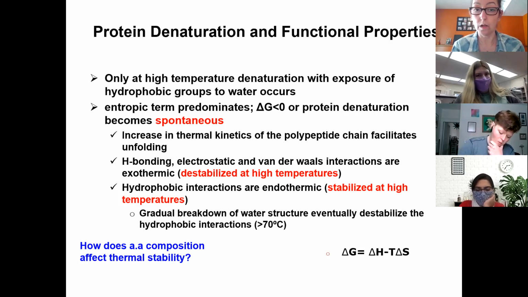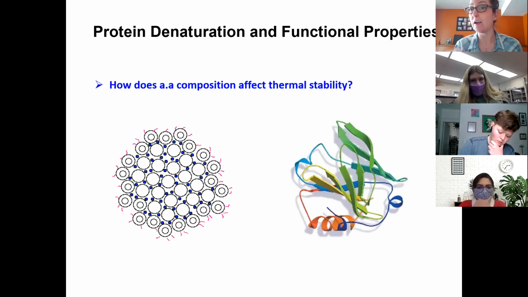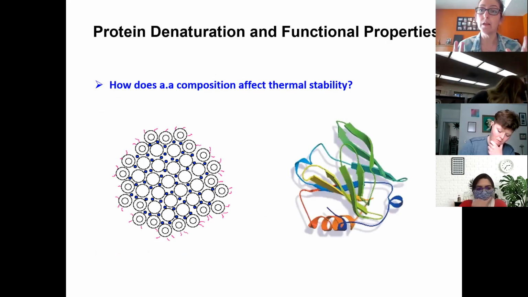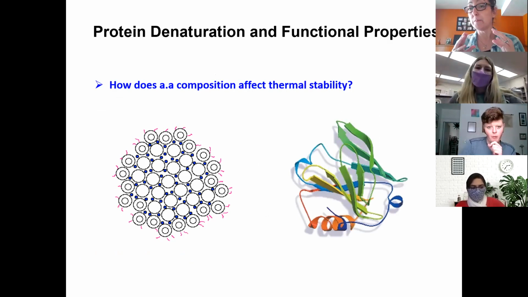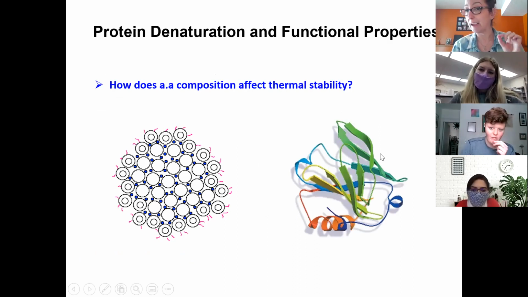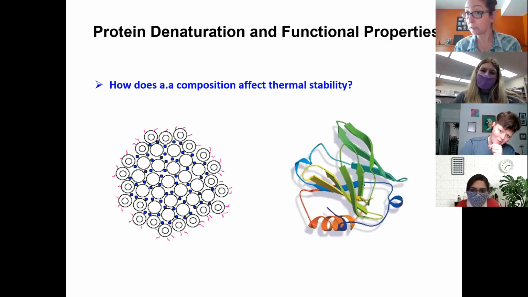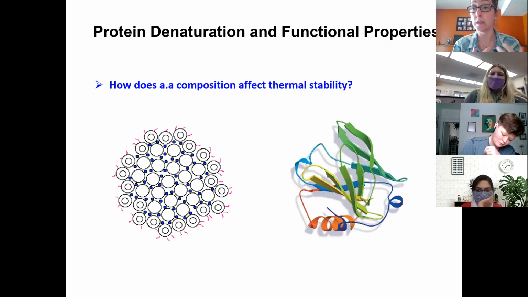Exactly. So, for example, I always like to give this example of whey protein compared to casein protein. Whey protein is a very structured protein. It has a very ordered secondary structure that is stabilized by hydrogen bonding. Hydrogen bonding is sensitive to heat, whereas caseins are stabilized in a quaternary structure with a lot of hydrophobic interaction that stabilizes this structure.